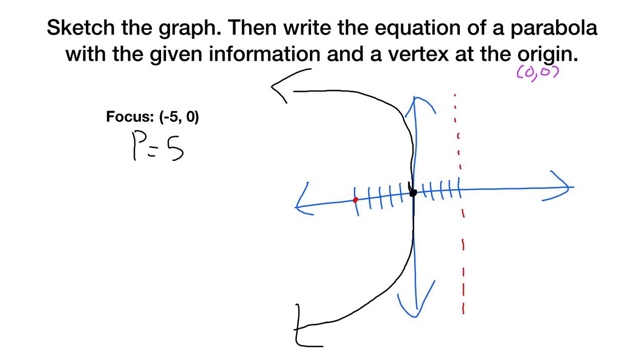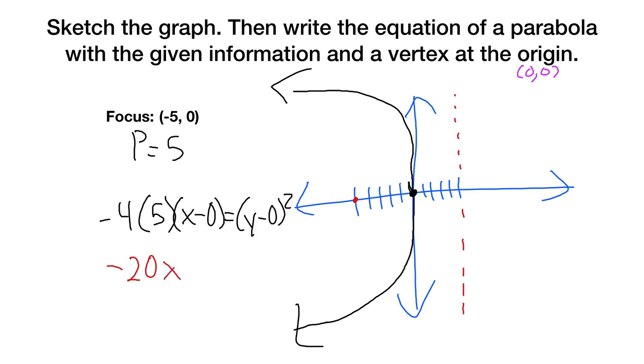So what we would say is -4 times 5 times x minus 0 equals y minus 0 squared. So negative 20x equals y squared, or x equals y squared over negative 20.